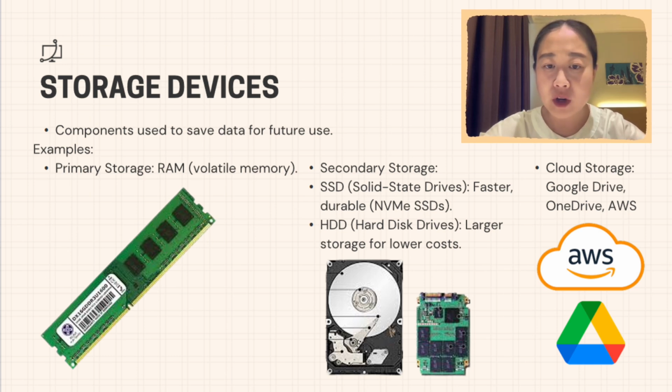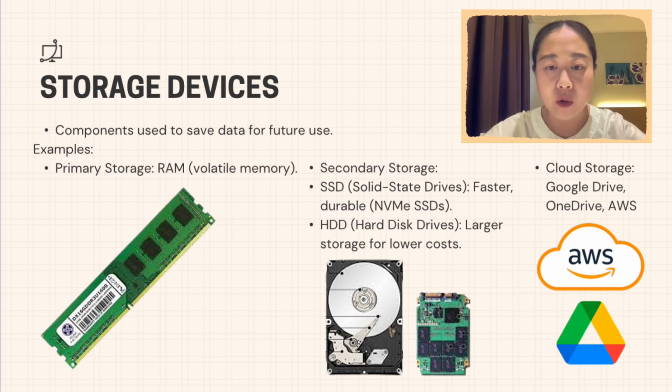The primary storage, often referred to as main memory or RAM, is directly accessible by the CPU and is used for storing data that is actively being worked on.